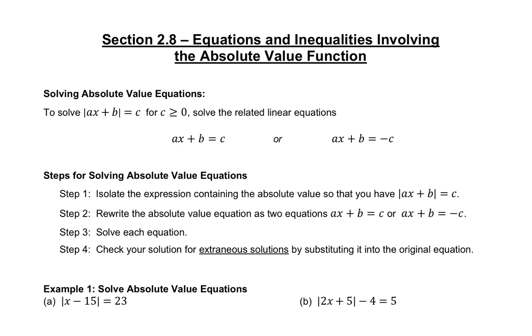So I want you to think about this. You know that the absolute value of 3 is 3. You also know the absolute value of negative 3 is 3. So the absolute value of x is 3.